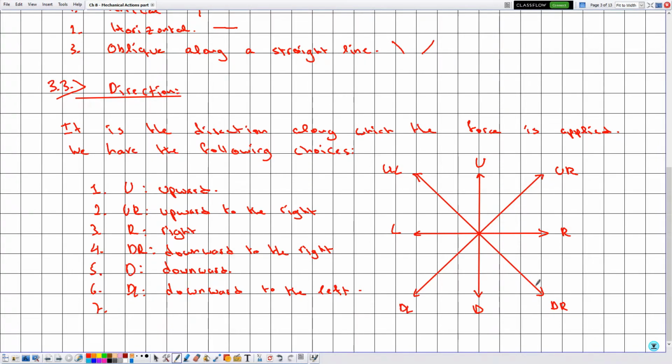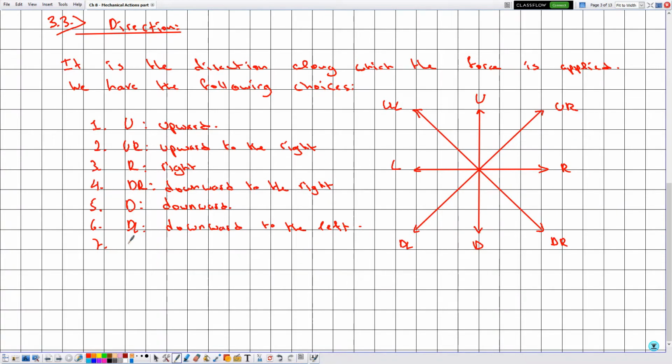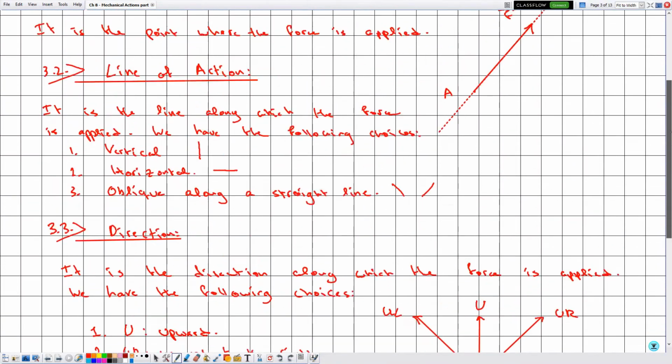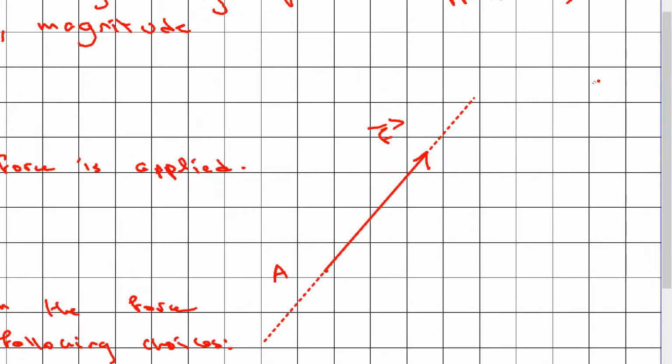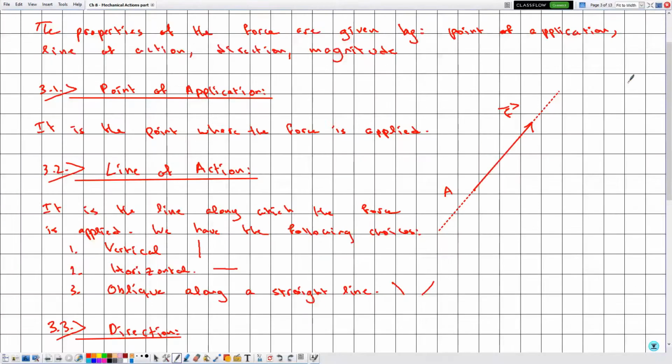And the 7th choice is given by the left. And the final choice, which is 8, UL, is given by upward to the left. Then in this case, the line of action is oblique, and the direction of the force F will be upward to the right.